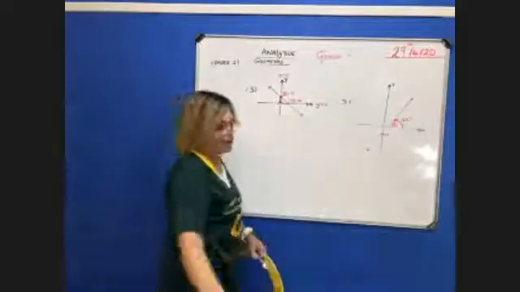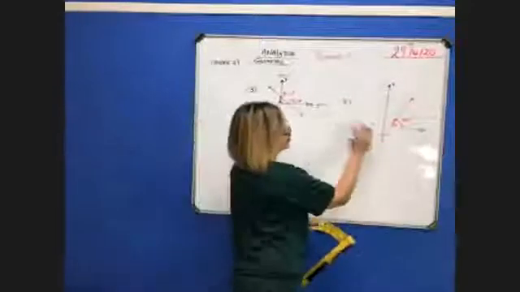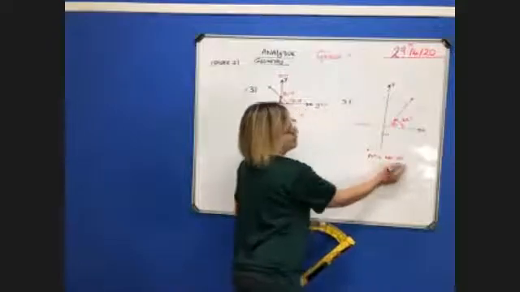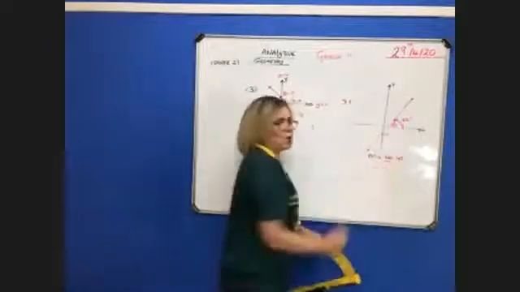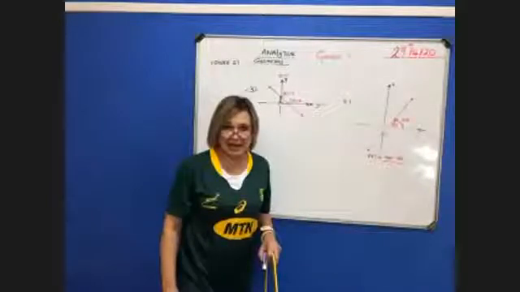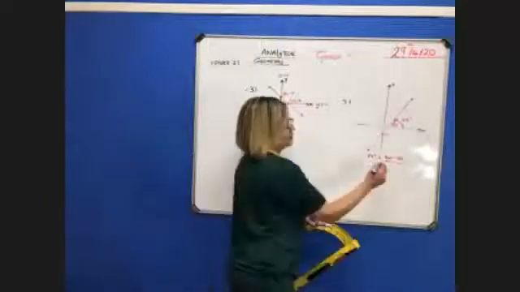Now, guys, why do I say we also bring in the trig? The gradient equals tan of 45. Angle of inclination is a special angle, so you agree it's 1.